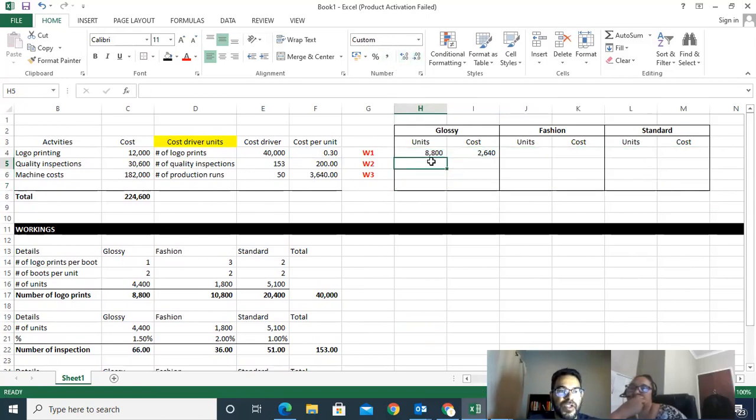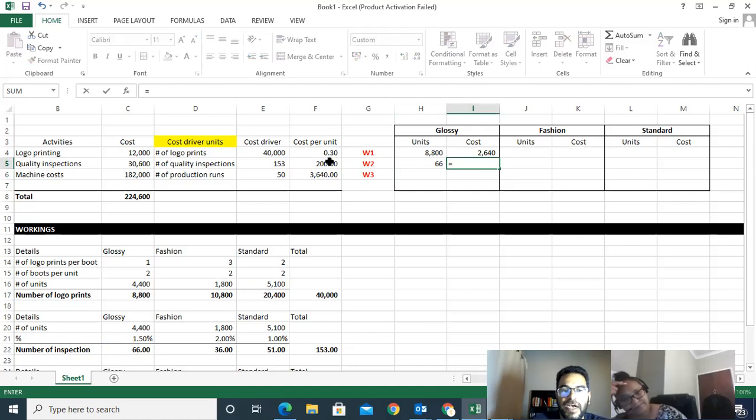Similarly, the quality inspections for glossy is going to be 66. The cost is going to be 200 per unit multiplied by the number of units, and that is 13,200.